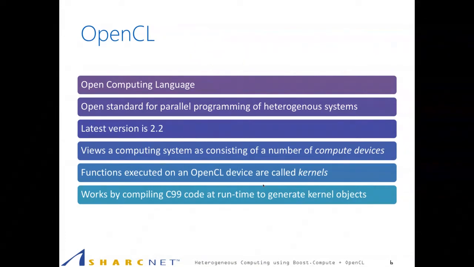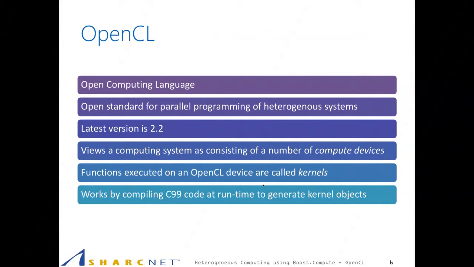For example, I think there is an implementation by Intel, but it's not 2.2. The good thing about the 2.2 version is that now you can use the C++ OpenCL kernel. For the previous ones, you should write your kernel using C99.